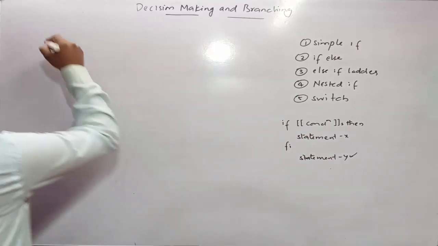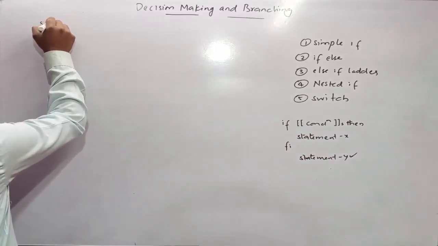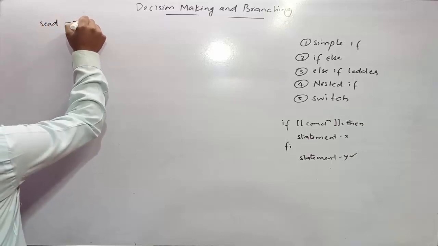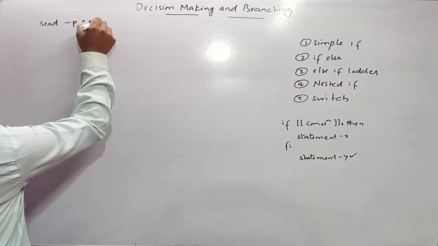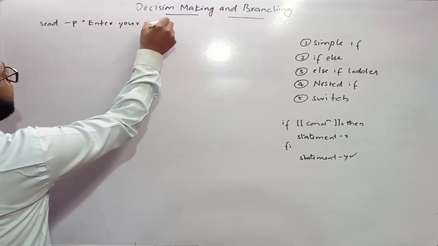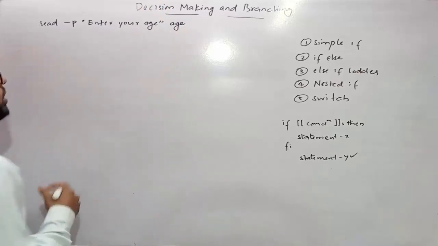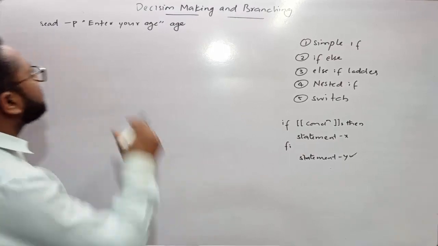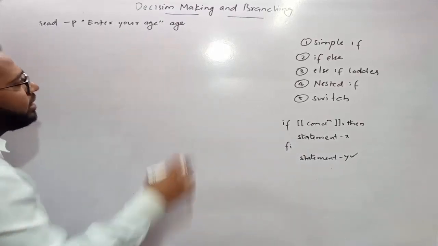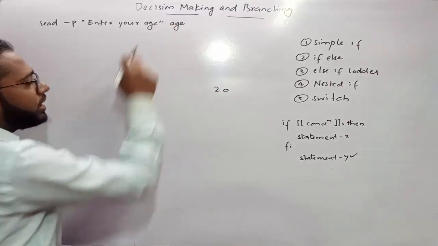Let us first ask the user to enter the age, and that can be done using the read command: read -p, double quote, enter your age, then I will use the age variable. When this program gets executed, the message gets displayed to the user, enter your age, then the user will enter some value, let us say 20. Then 20 gets stored inside age.